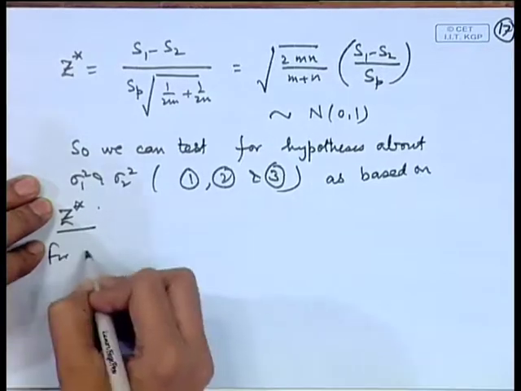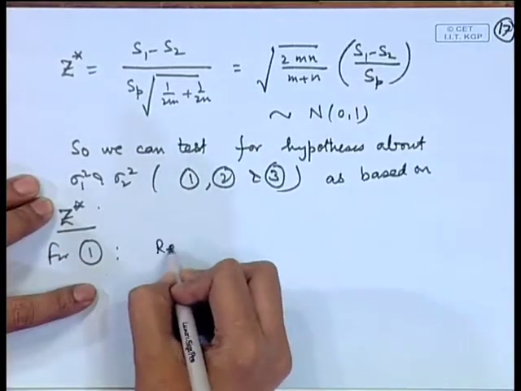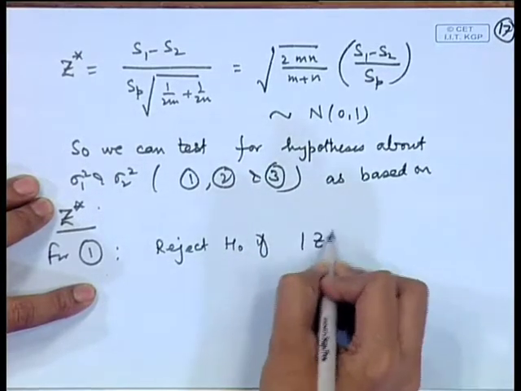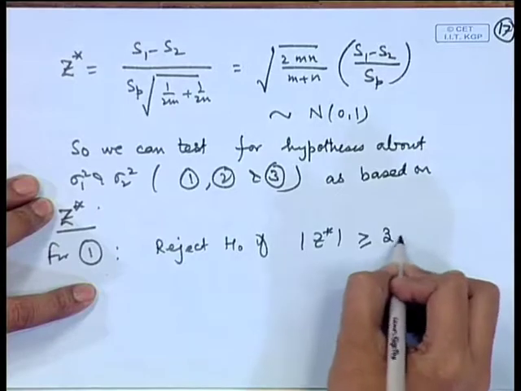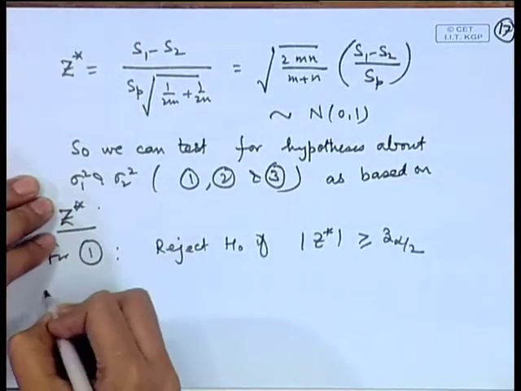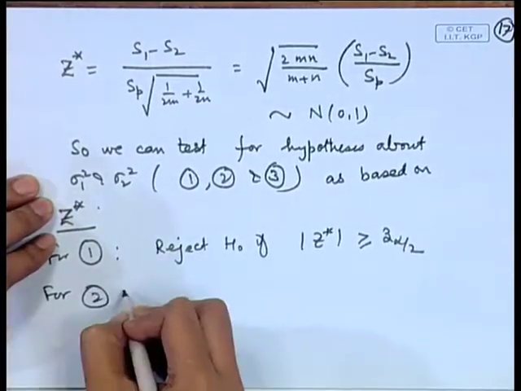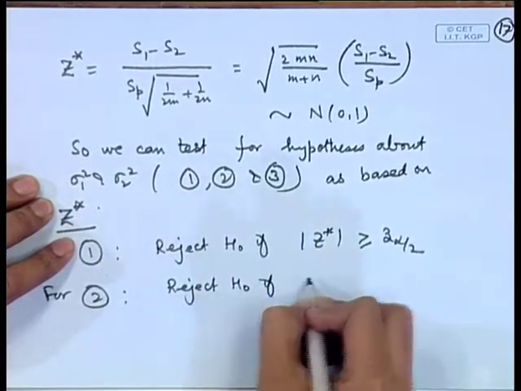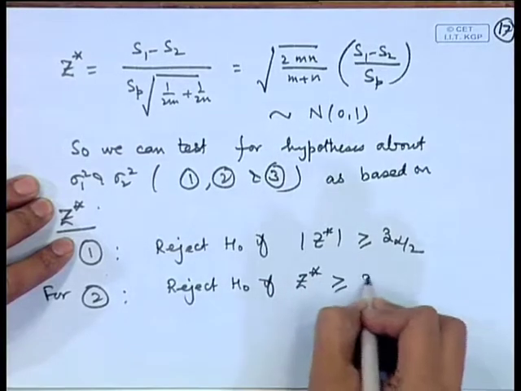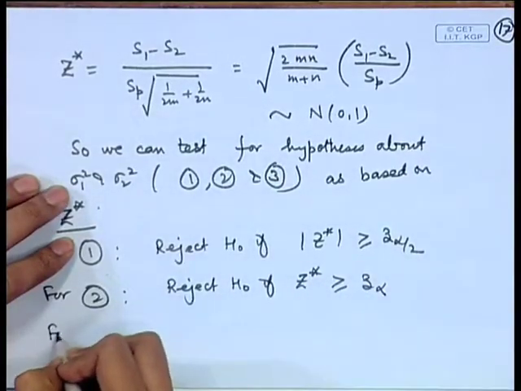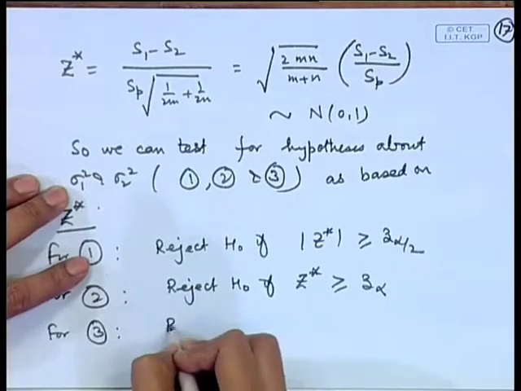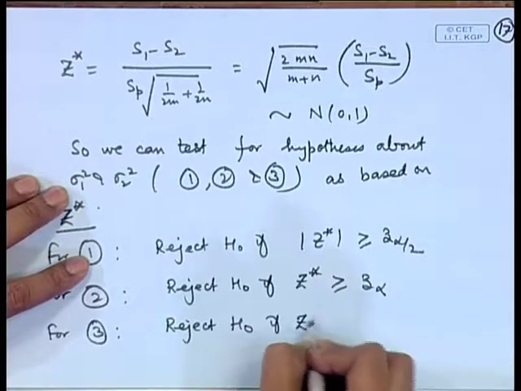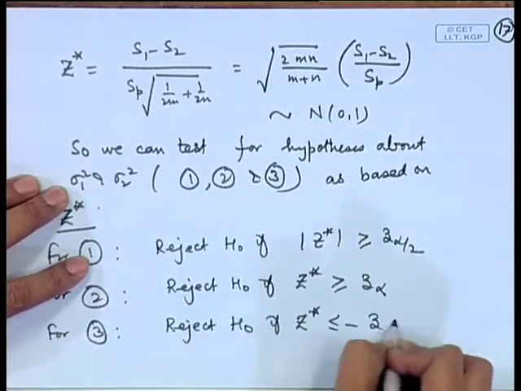So, for 1 you may say reject H naught if modulus of Z star is greater than or equal to Z alpha by 2. For the hypothesis testing problem 2, we will say reject H naught if Z star is greater than or equal to Z alpha. For the third problem, you will say reject H naught if Z star is less than or equal to minus Z alpha.